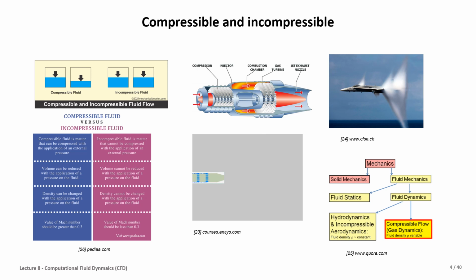Another concept in fluid dynamics is compressible and incompressible flow. In this slide, the left-hand figure shows compressible and incompressible flow when an external force is applied. In the comparison table, when the flow is compressible, that means the fluid can be compressed, the volume can be reduced, the density can change, and the Mach number, a non-dimensional number used for this kind of flow, should be greater than 0.3.